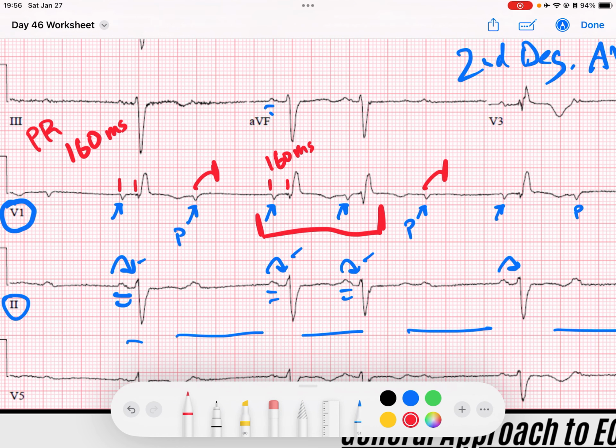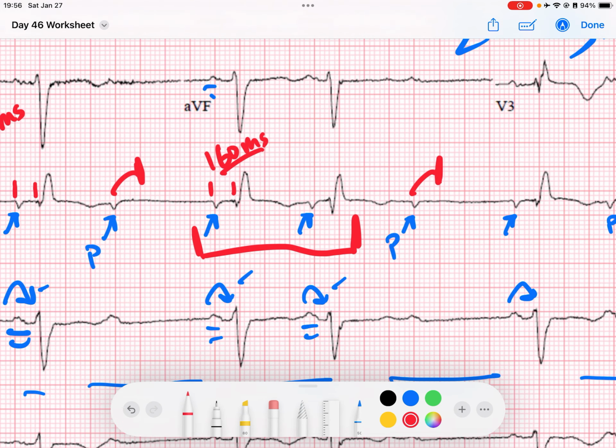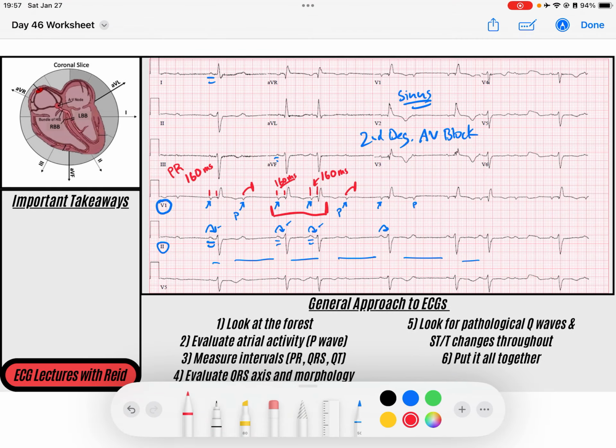We said this PR interval is 160 milliseconds. This one falls on that third little line, and this one starts right around that first. So I would say this one, similarly, is 160 milliseconds. So our PR interval stays the same, and then it spontaneously drops.